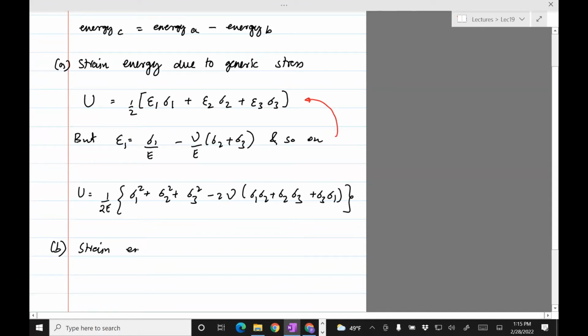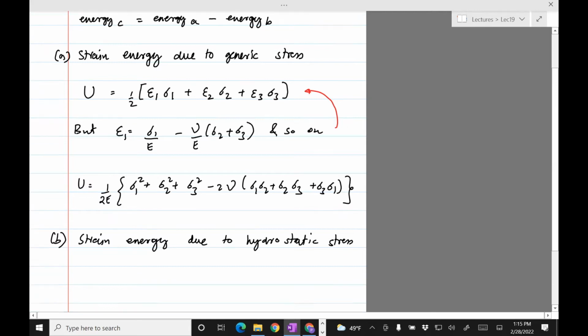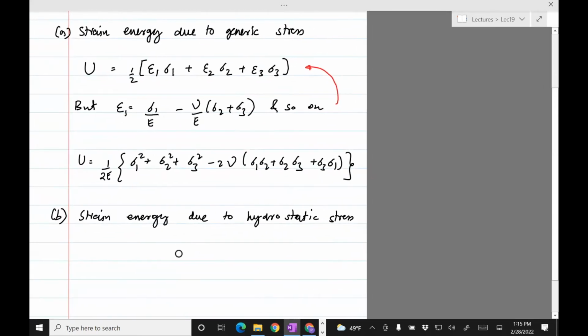Okay, next, strain energy. Case B, which is strain energy due to hydrostatic stress, is a special case of the first case where sigma 1 equals sigma 2 equals sigma 3 equals sigma average, which is one third of sigma 1 plus sigma 2 plus sigma 3.